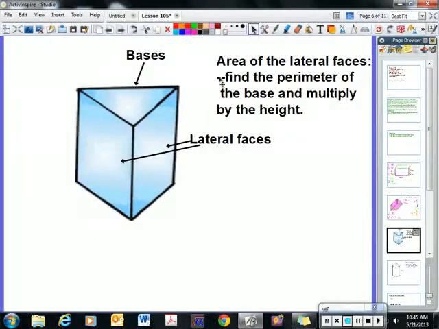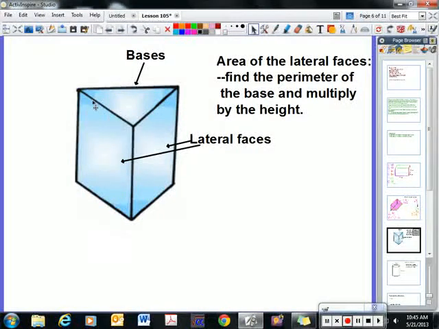Okay. If you find the perimeter of the base, so you'd find the perimeter. Let me go up here where it's all. So if I find the perimeter of this triangle and I multiply by the height of the solid, that will give me the surface area of the entire solid. Because think about it.